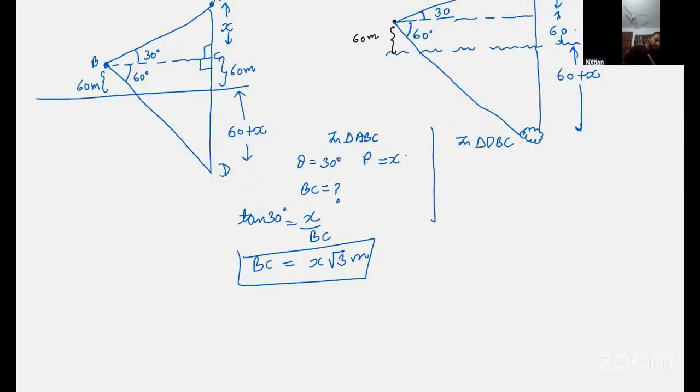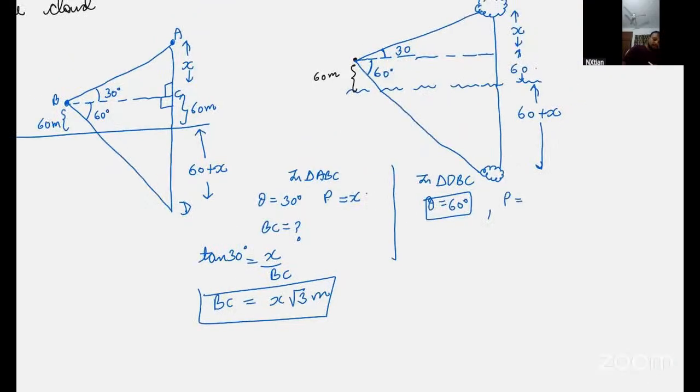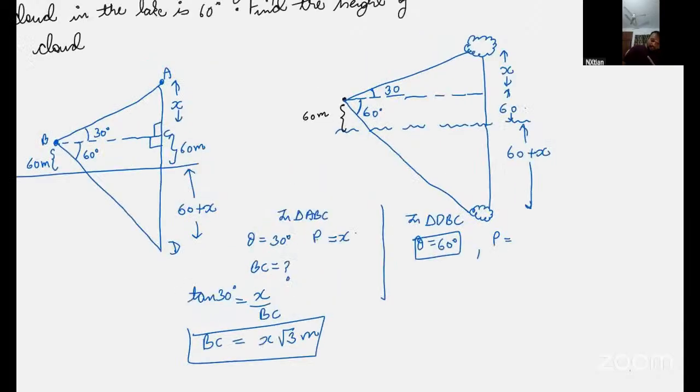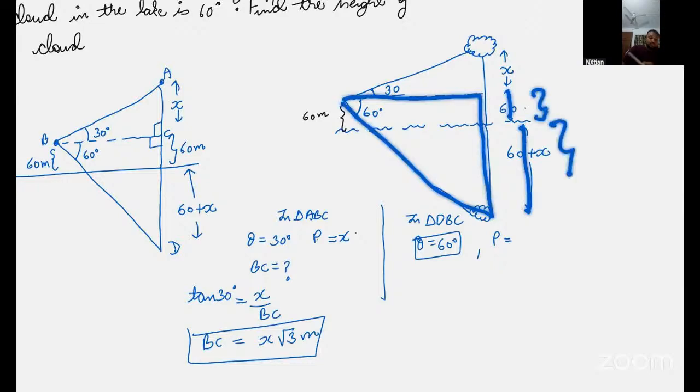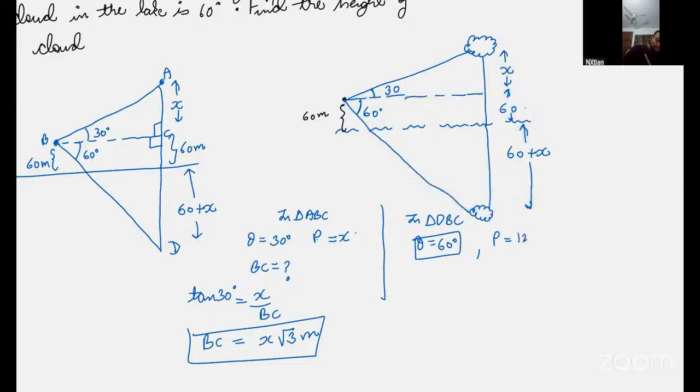So now we have theta is 60 degrees and the perpendicular will be what? The perpendicular will be 60 plus 60 plus x. Did you understand, Godwin? In this triangle we are talking about, we take 60 plus 60 plus x. So it will become 120 plus x. Did you understand?